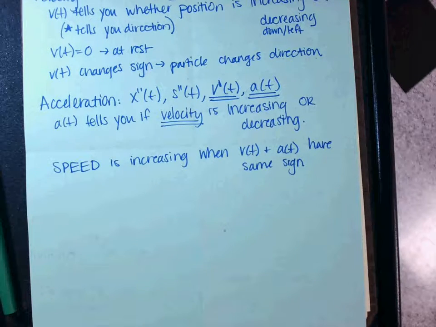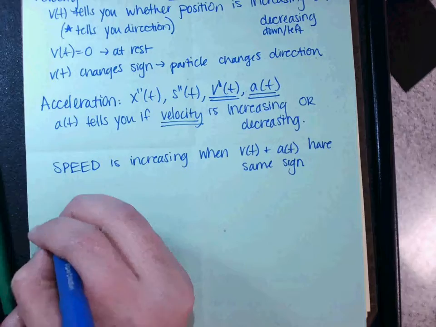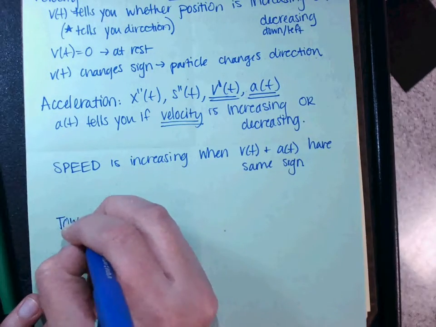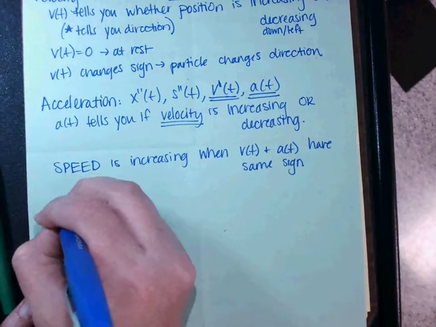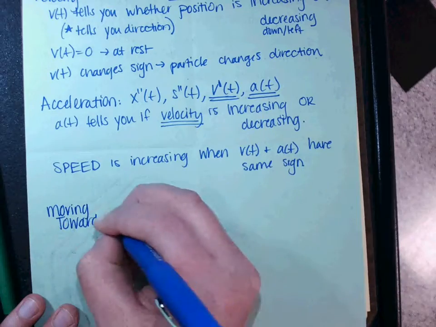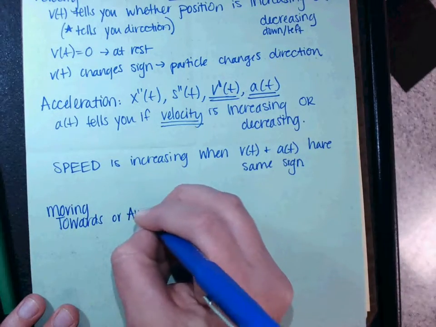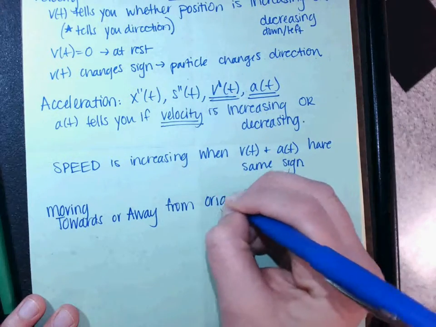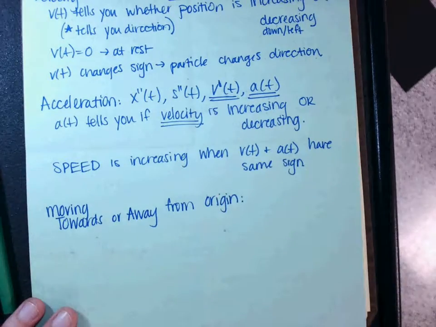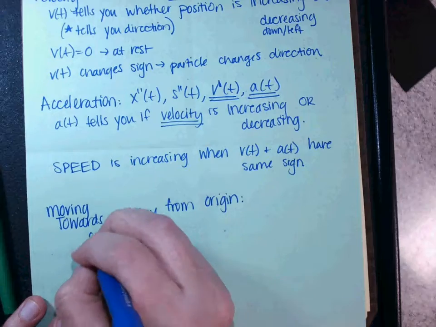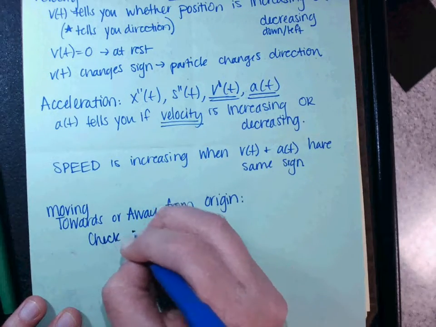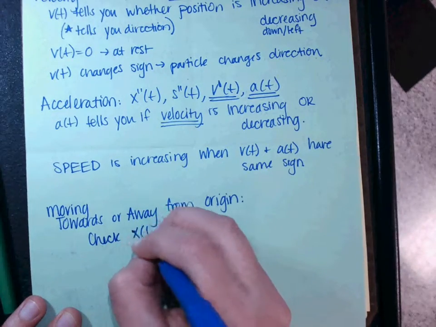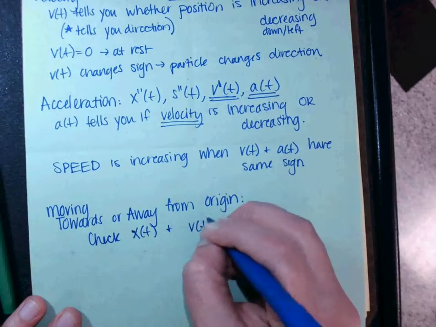The other thing that you should know is for towards or away from the origin. Okay, and for towards or away from the origin, you would need to check the position and the velocity.